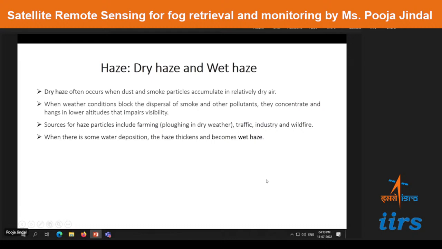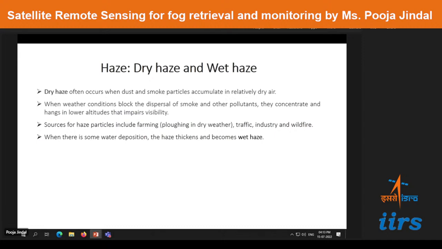Then coming to the haze, we may have dry haze and we may have wet haze. Dry haze often occurs when dust and smoke particles accumulate in the air. When weather conditions block the dispersal of this smoke, it concentrates and hangs at lower altitude, which reduces the visibility, right? So the presence of haze also reduces the visibility.